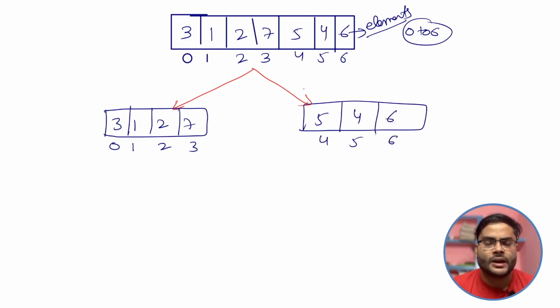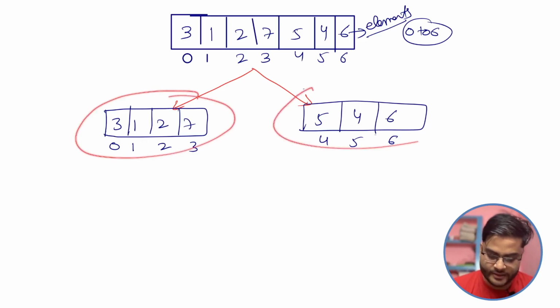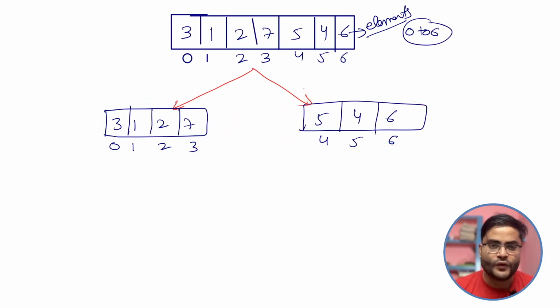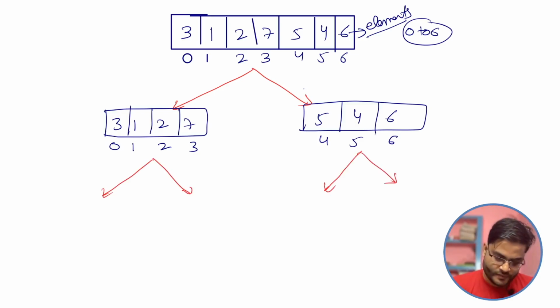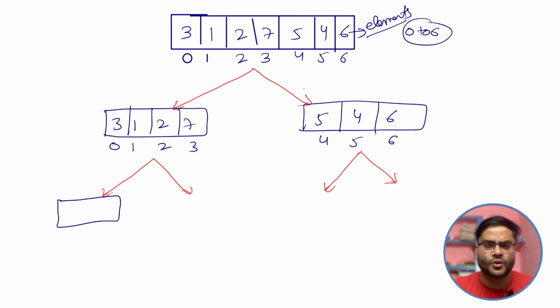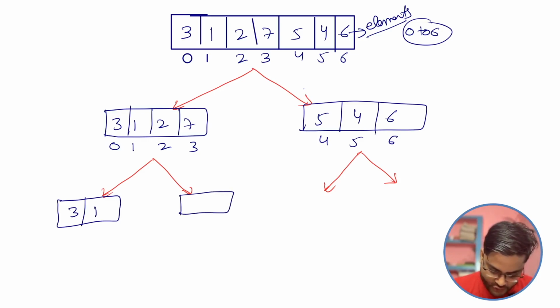Now we have divided our problem into subproblems, but the subproblem is itself bigger. We want to divide it further. Again I will divide it equally. We have 4 elements, so I can divide 2 and 2: 3 and 1 here, and 2 and 7 here, with indices 0, 1, 2, 3.